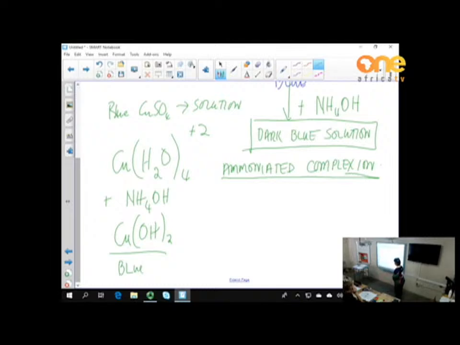When I add excess ammonium hydroxide, I get the ammoniated complex ion, and this is the copper 2+ ion, but it now bonds onto the ammonia. There's 4 of them, and we have the +2 ion.